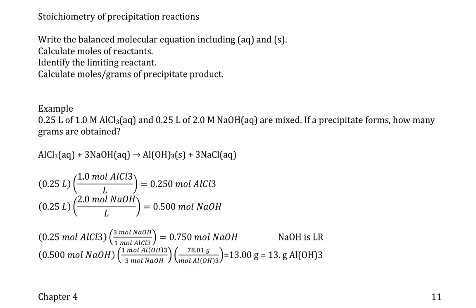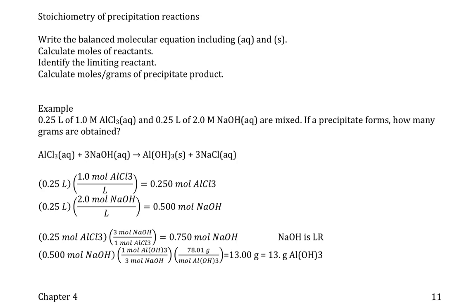Our molecular equation, and make sure that you could come up with this on your own, is AlCl3 aqueous plus 3 NaOH aqueous yields Al(OH)3 solid plus 3 NaCl aqueous.